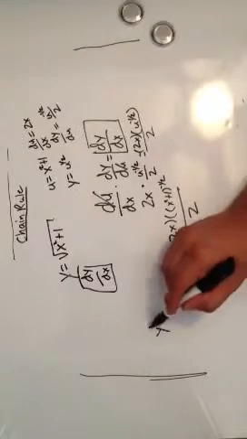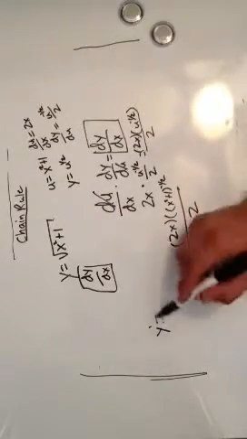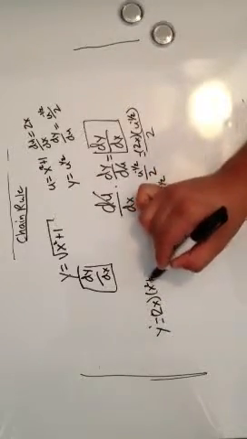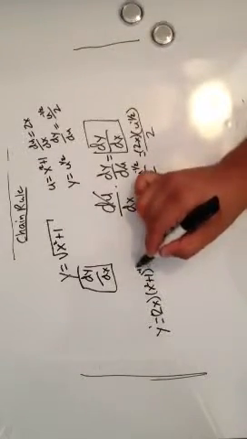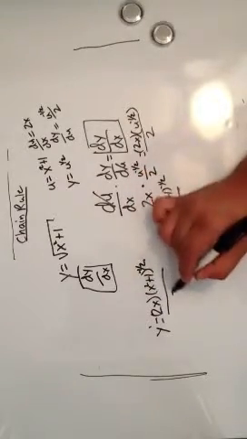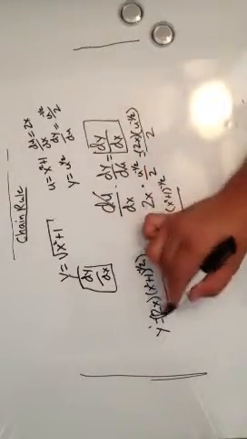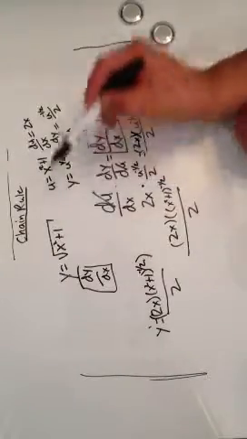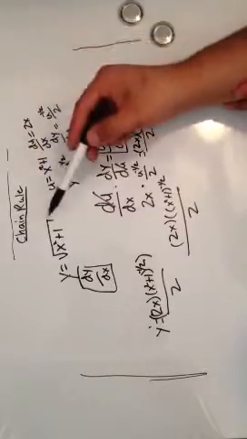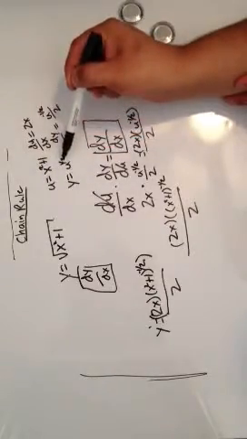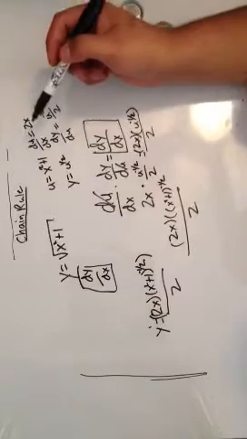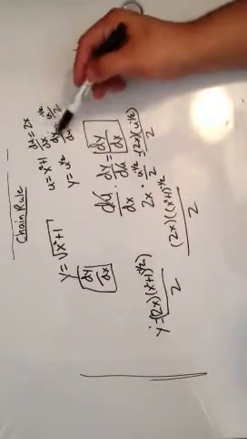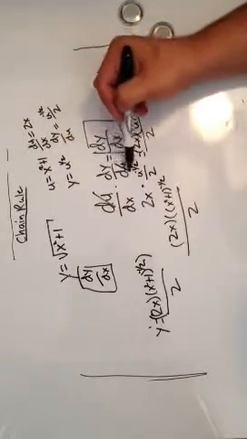So y prime is equal to 2x times (x squared plus 1) to the negative 1/2, all this over 2. And that's generally the chain rule. So you want to set the inside function equal to u and the outside function equal to y. And then you just want to differentiate them and let the Leibniz notation guide you. It'll just work out in the end.